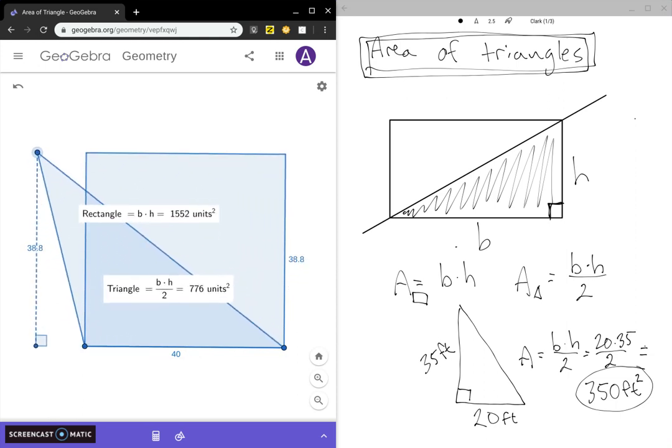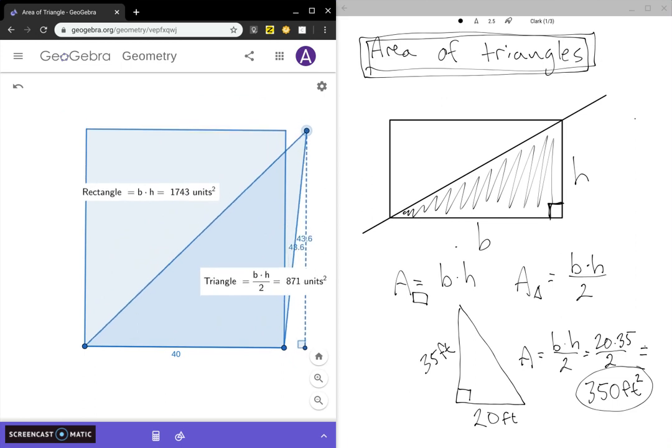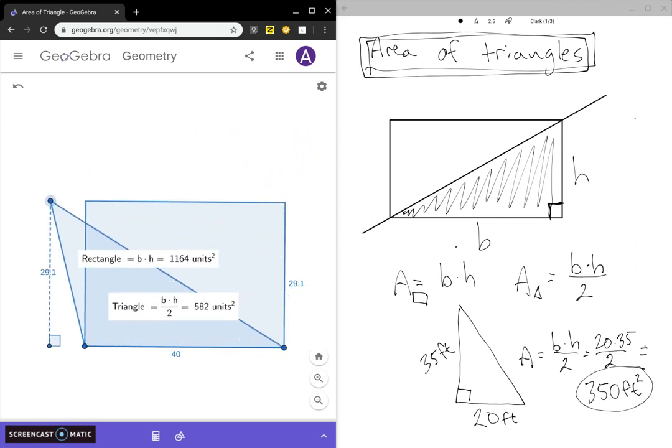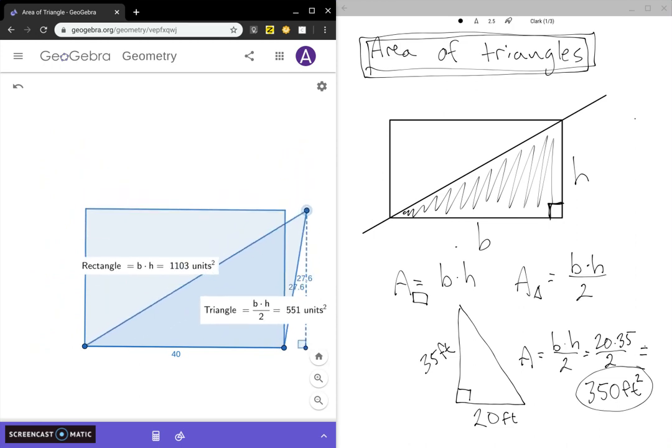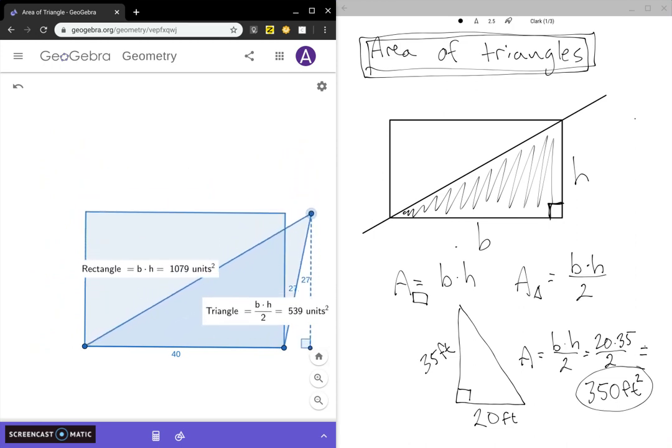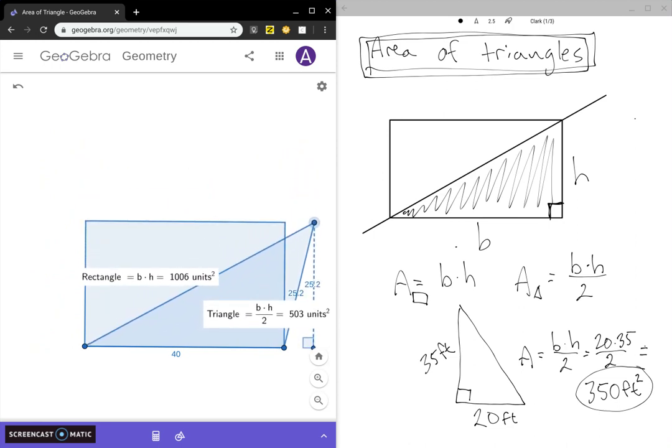And yeah, regardless of what our base is, it's still always going to be true. The triangle is always half of the area. So let me lock this into something a little easier to work with. Trying to get to 500. That's not going to go quite there, but you can see 501. If we double that, 1002 for the area of the rectangle.